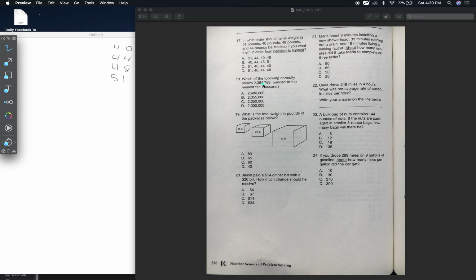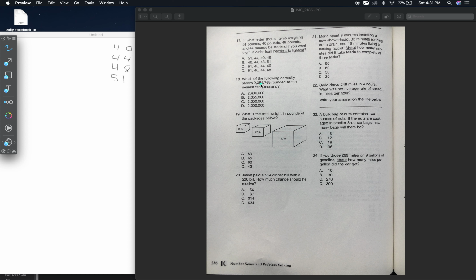If it was 5 or above, then we would change the 10,000s place number to one higher.